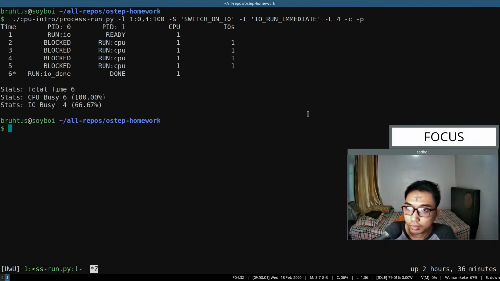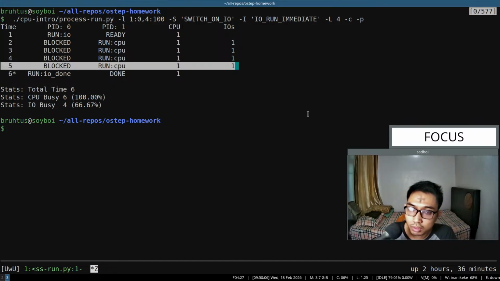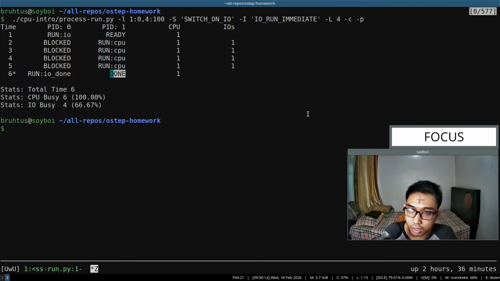Let's see. Non-immediate. Okay. It just so happened that we are done, and then we run the input output, I think.